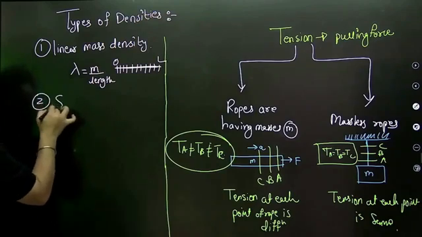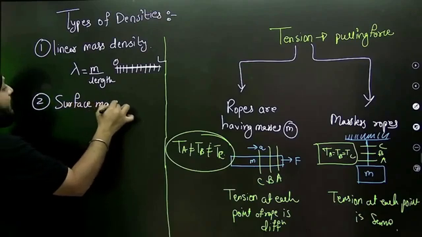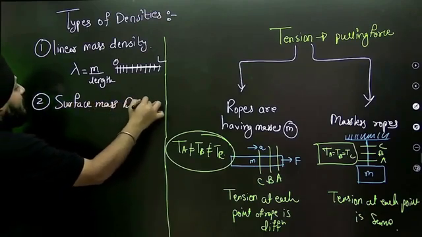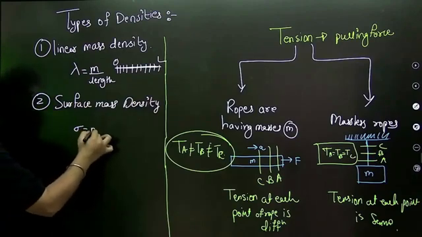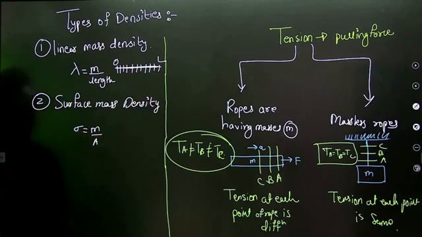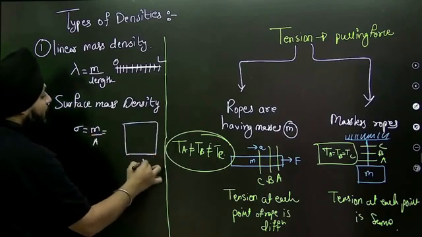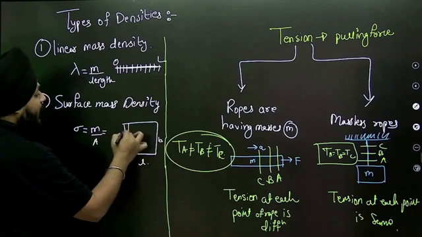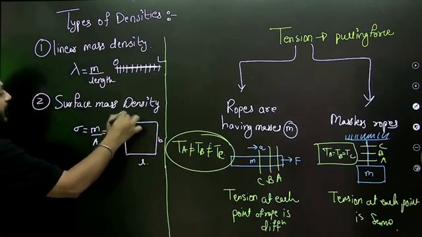The second one is surface mass density, sigma. It is how mass is distributed over a specific area. This is a two-dimensional object that has length and breadth. How is mass distributed into a small area element dA?